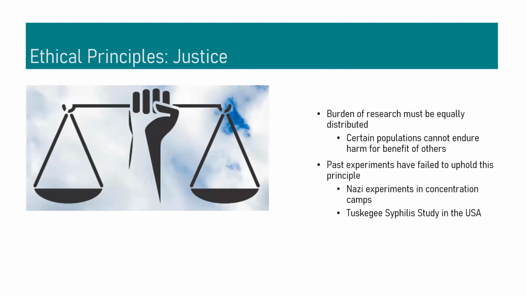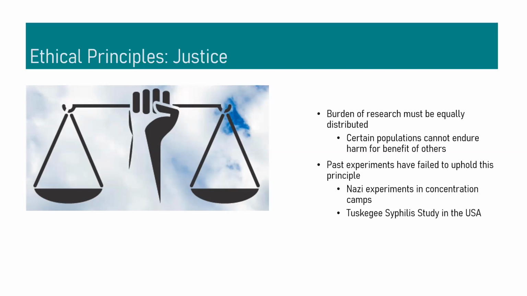These experiments were conducted on specific populations who were unable to say no, while the effects of the knowledge learned have impacted a much larger population than just the ones who were "treated." Because of these studies, researchers have been discouraged from conducting research on convenient populations, such as students in their own classroom or prison inmates.